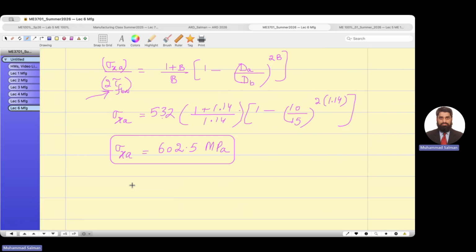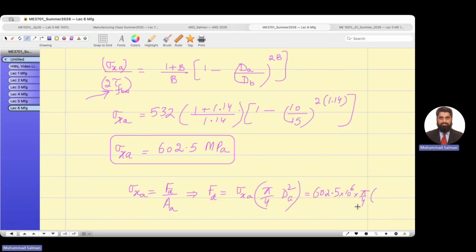So sigma equals force per unit area, the drawing force over the area of the drawing side. What is the drawing force? Let's call it F sub D. You will multiply by pi by 4 dA squared. You agree with me? 602.5 megapascals, megapascal is 10 to the power 6, and then pi by 4.